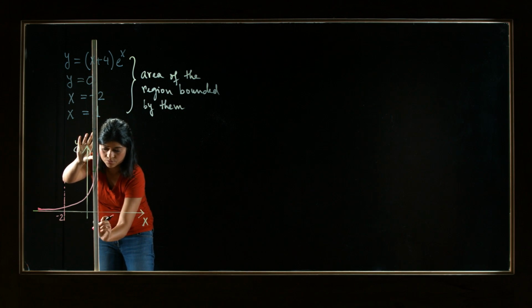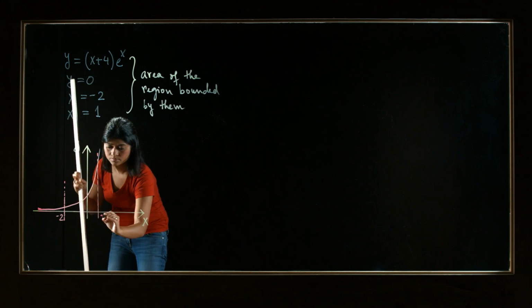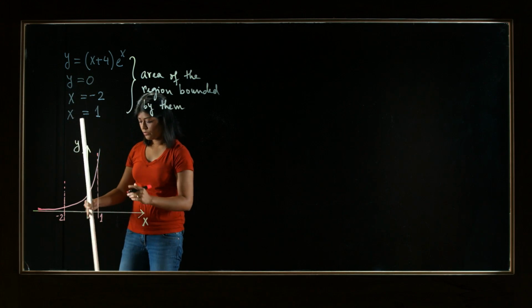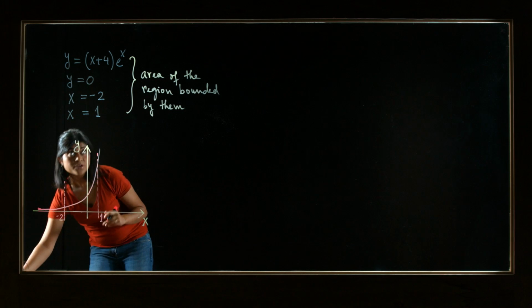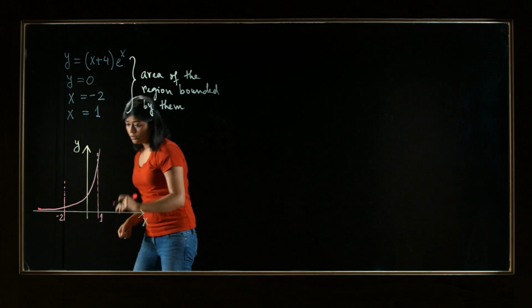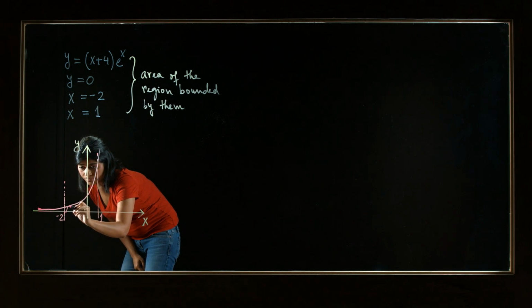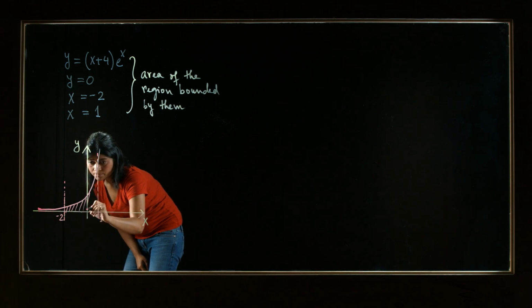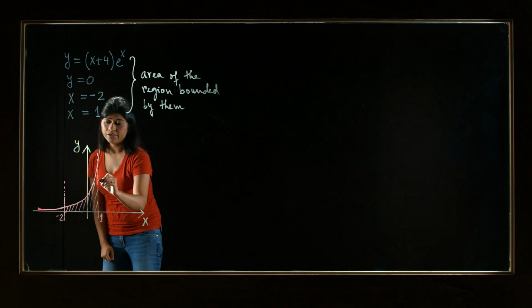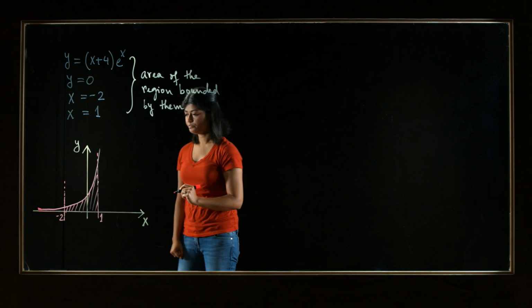So this is x equals 1. So the region bounded by all four of these graphs will be right here. And we have to compute the area of this region.